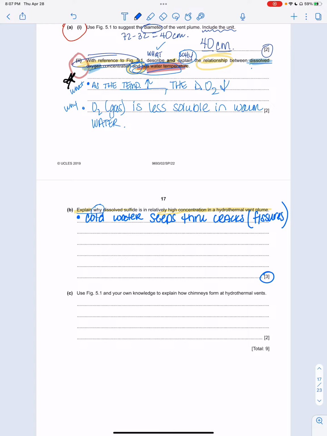They are cracks, but fissures are like breaks in the ground. All right. And then previous syllabus, we need to say superheated, but gets heated.